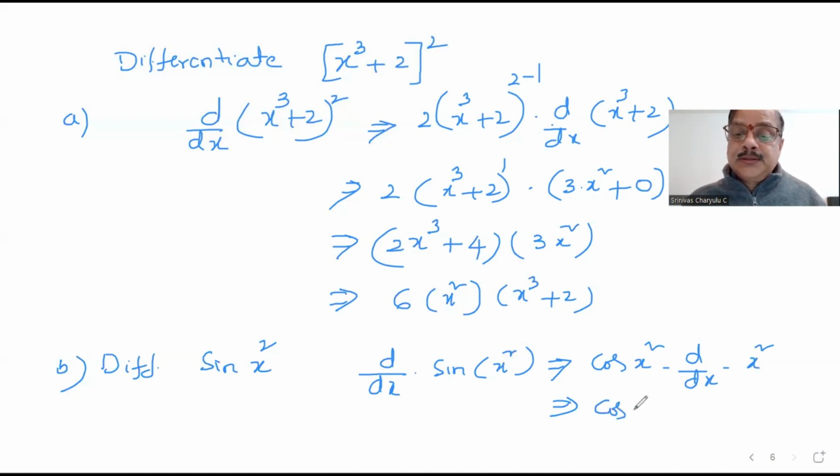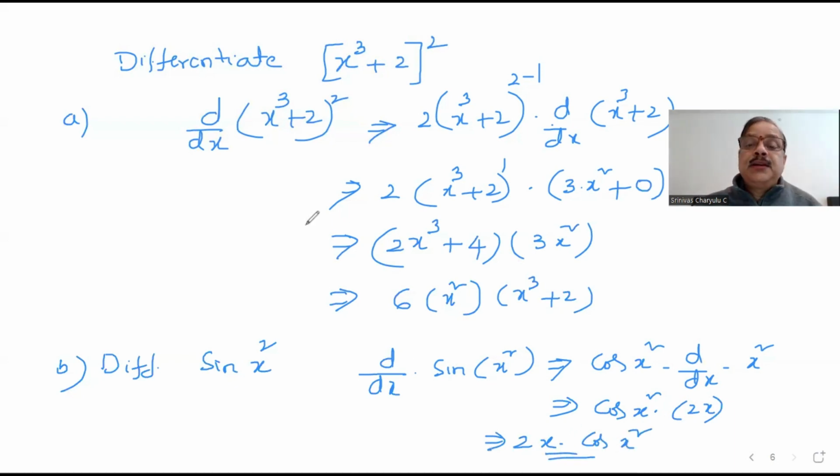So this is cos x square into 2x. This is sometimes called the chain rule. First we see the power, then we differentiate the internal function with whatever knowledge we learned in the previous lessons. This is how we can carry it out.